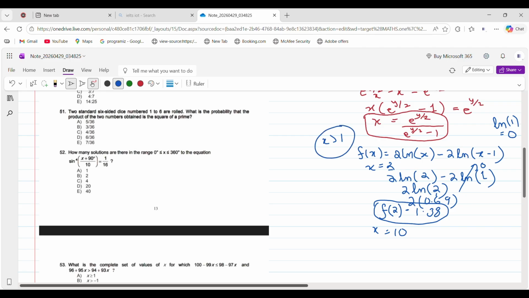Now if I put x equals 10, because whatever value I give to x must be greater than 1, let's substitute the value of 10 here.